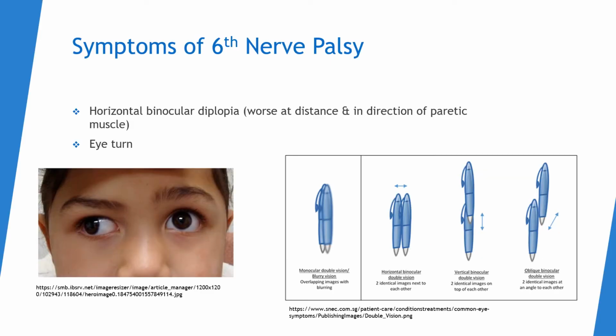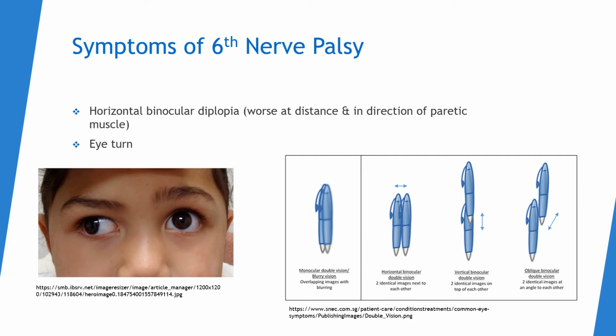Symptoms of the sixth nerve palsy that the patient may experience are binocular diplopia, which, as I've said in other cranial nerve palsy videos, is a double vision due to misalignment of both eyes, not because of light diversion within one eye.